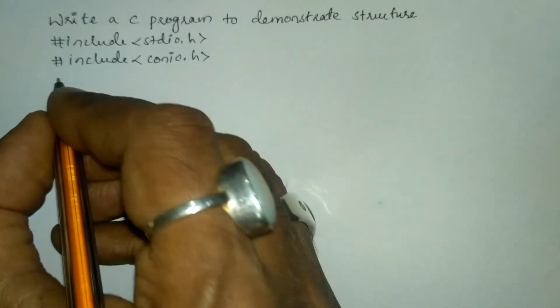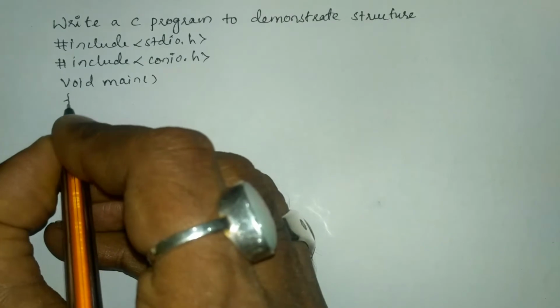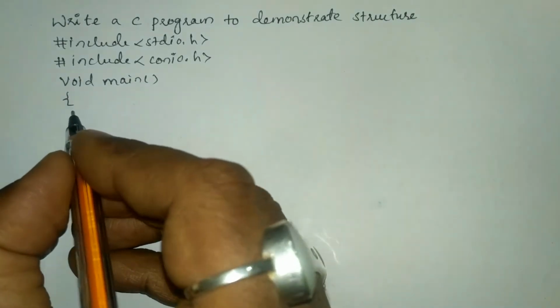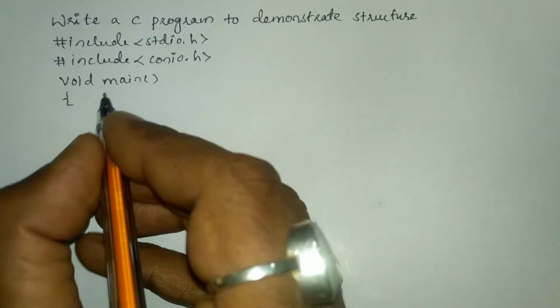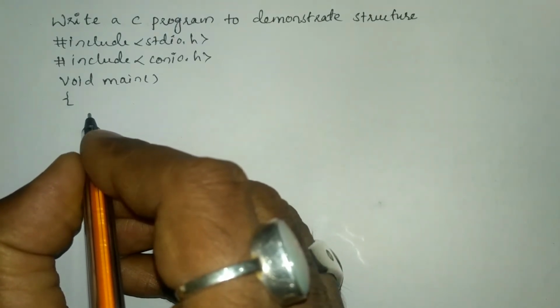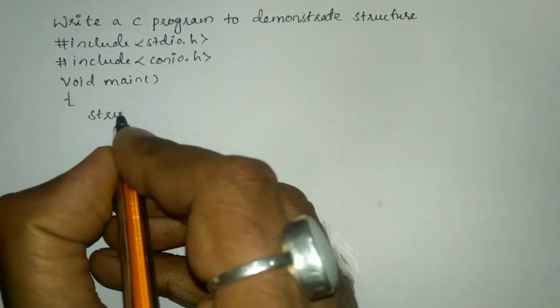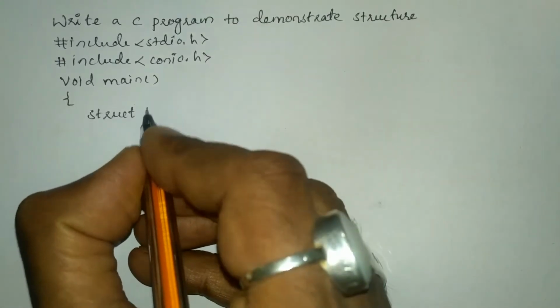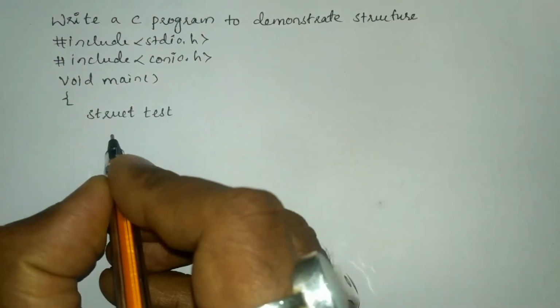Now we will write the void main function, curly open brace, and here is the definition of the main function. I'm going to define the structure with the keyword struct, and the name of this structure I'm going to give as test.